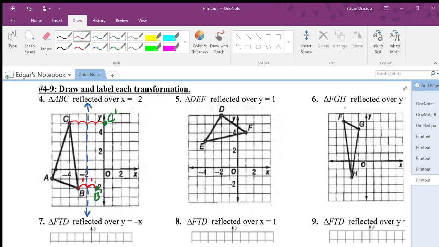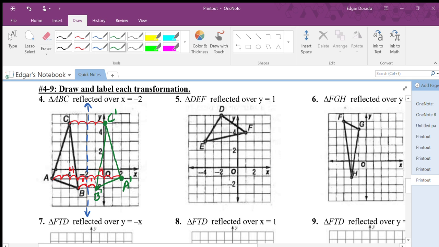And then finally, from my A, I have to jump 1, 2, 3, 4. So I jump 1, 2, 3, 4 for my final point, which will be my A prime. Now I can connect them all. And look at that.